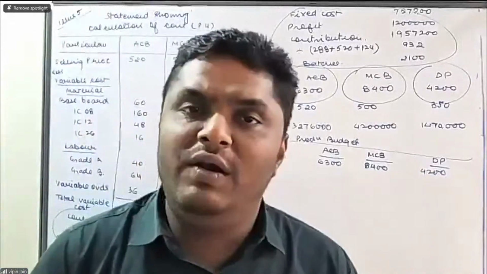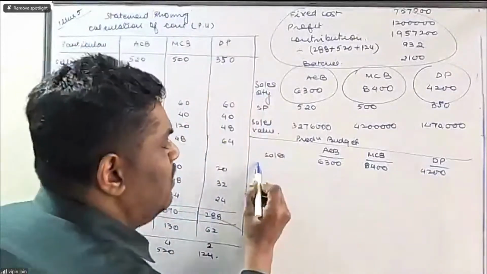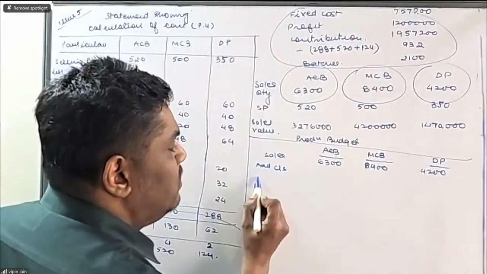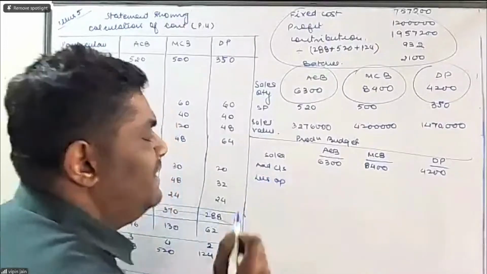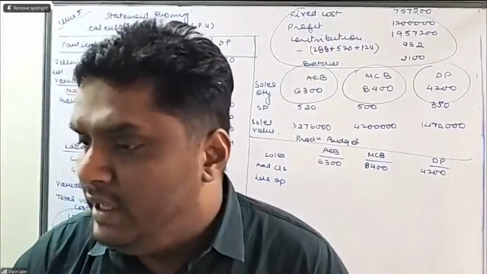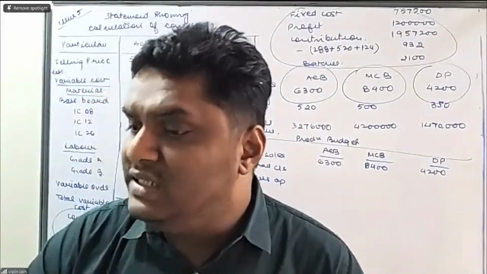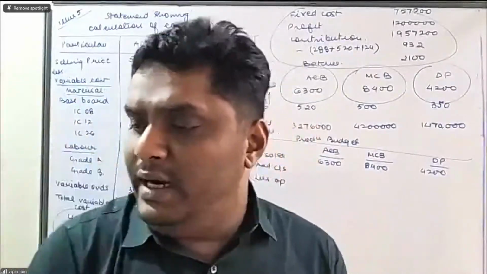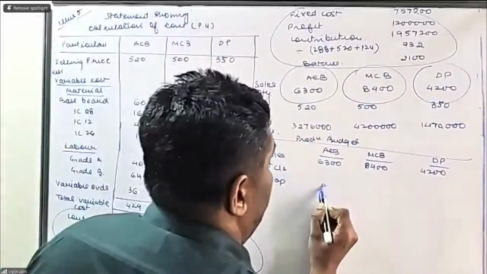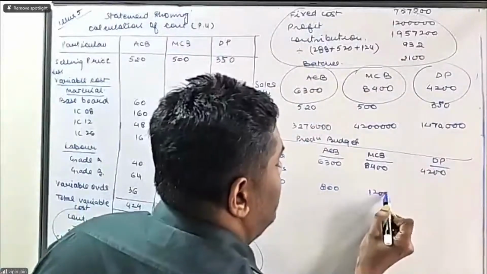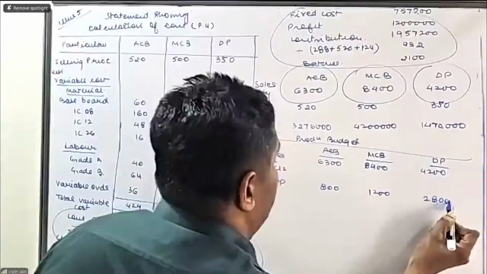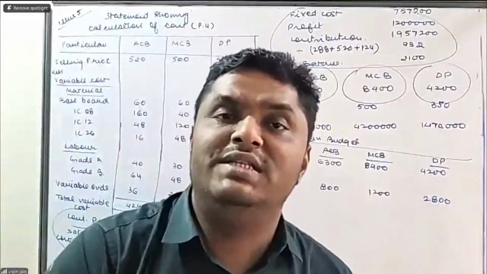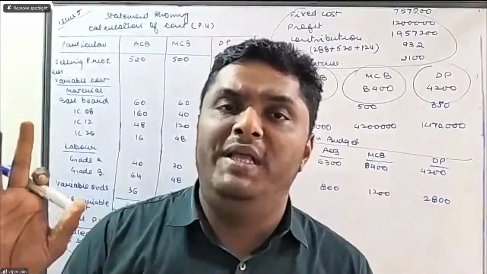Now we will add closing stock and subtract opening stock. Here in the question, the opening stock is given straight away, that is 800, 1,200 and 2,800. And they are saying that closing stock is 10% less than opening stock.